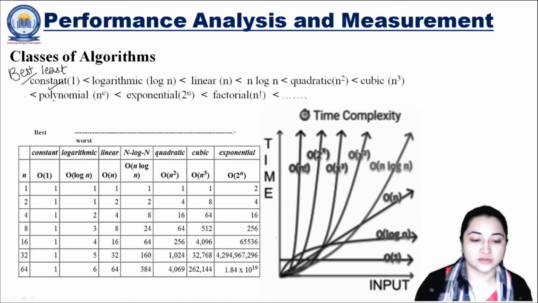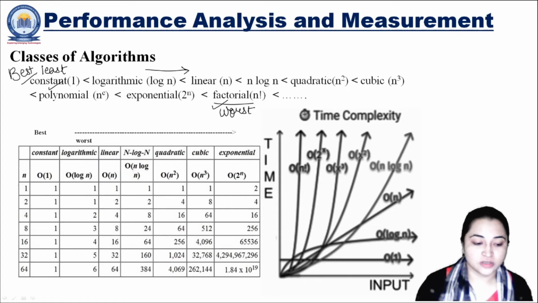Much more efficient. Logarithmic will take a little more time than constant time. As we move to the right side, we will have worse time complexity. Factorial will take the highest amount of time to execute.